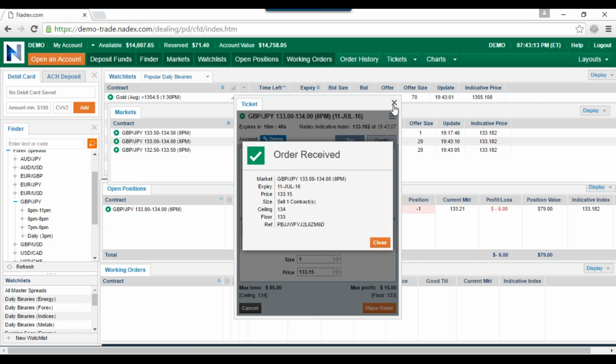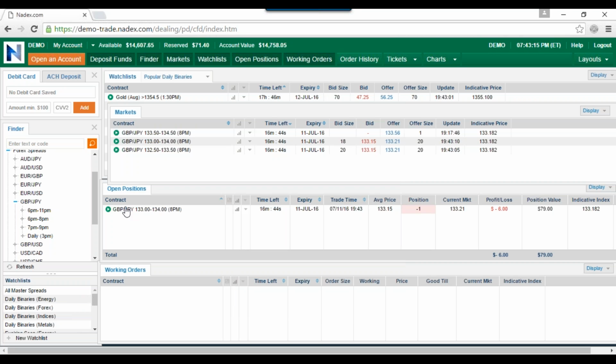All right, so there's my open position. I sold this spread. Notice it says -1. Remember earlier when I bought, it said +1. When you sell, it says -1. So where did I sell it at? Well, I sold this particular one at 133.15.